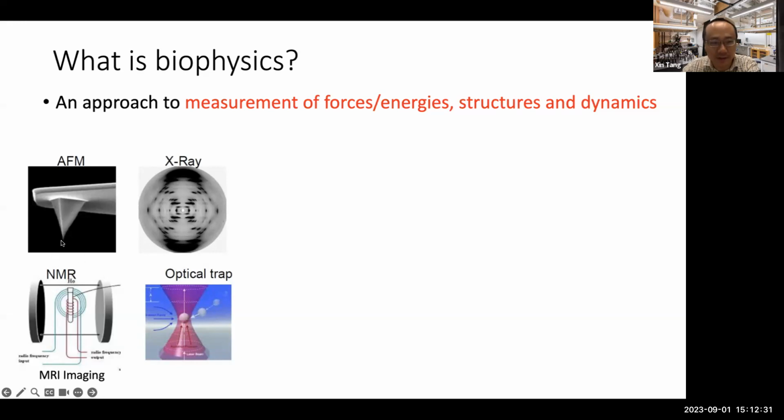So this tip is used to shake hands with the cell. Then it goes vertically, downwards to indent the cell, or upwards to stretch the cell. And during that time, the cell shape can be monitored, and the force applied, resulting in the change in the cell shape, can be measured by the laser on top of the AFM.